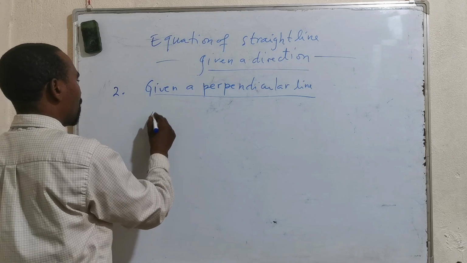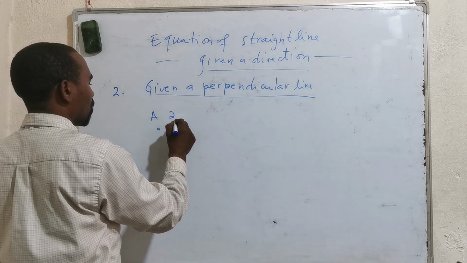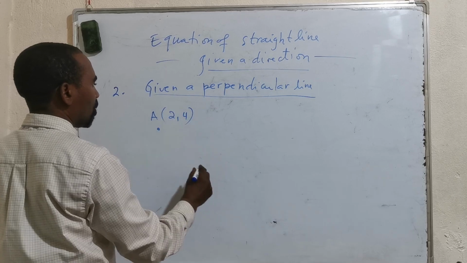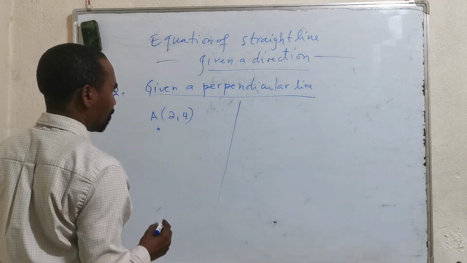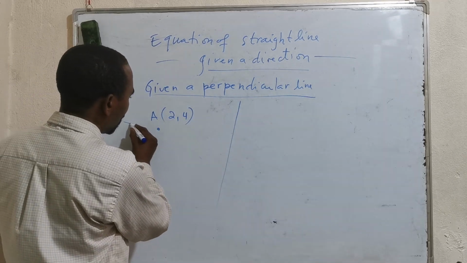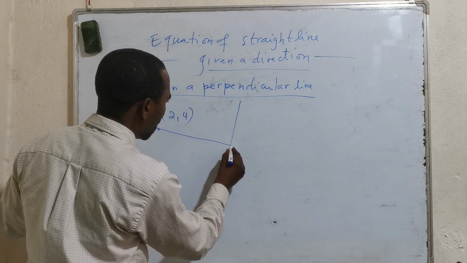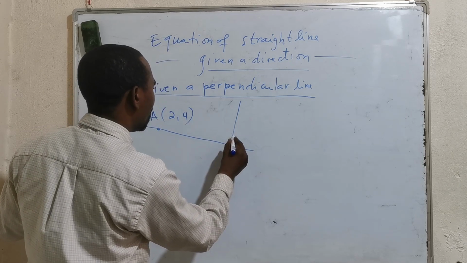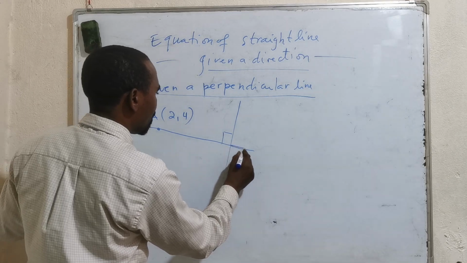Let's say that we have a point (2, 4) and there is a line here. They need us to write the equation of the line which is perpendicular. Perpendicular means that they form 90 degrees between them.